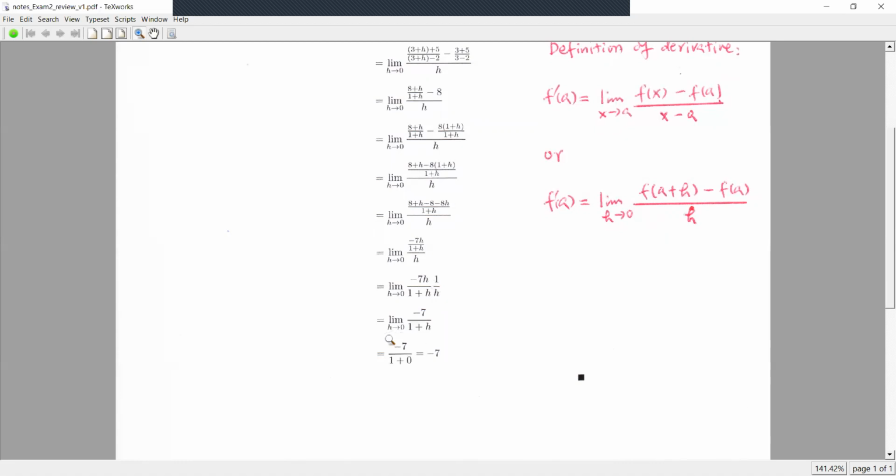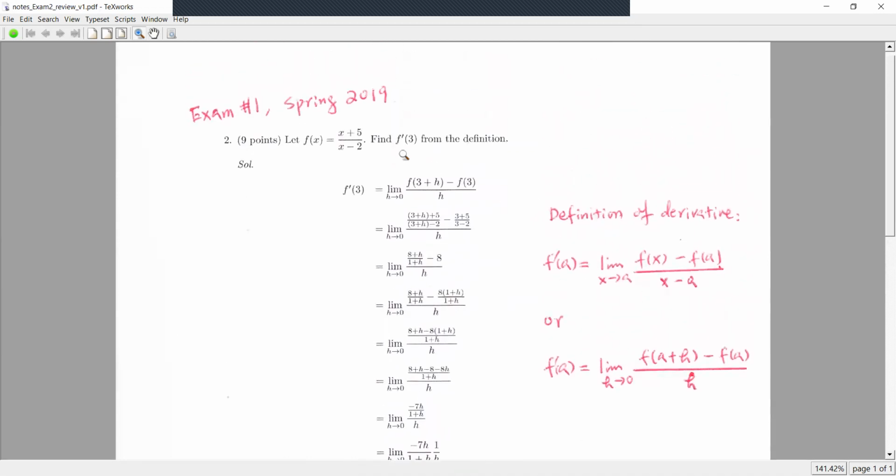Now, direct substitution. Plug in 0 for h, then this limit is this number. This number is negative 7. So, the derivative of this function f at the point 3 is negative 7.